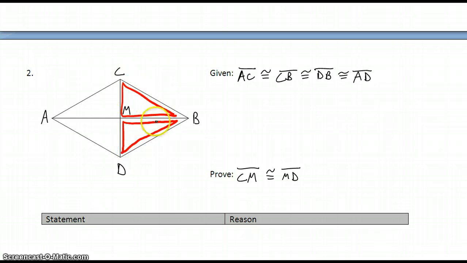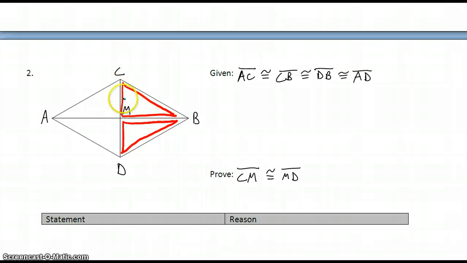And between those two triangles, I have a pair of shared sides. So I know that MB is going to be congruent to MB. So automatically between these two triangles I have a pair of congruent sides. But I need more than that. I have another pair of congruent sides, CB and DB. That's in my givens.